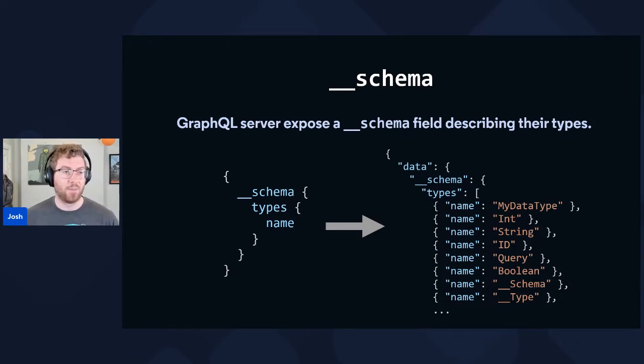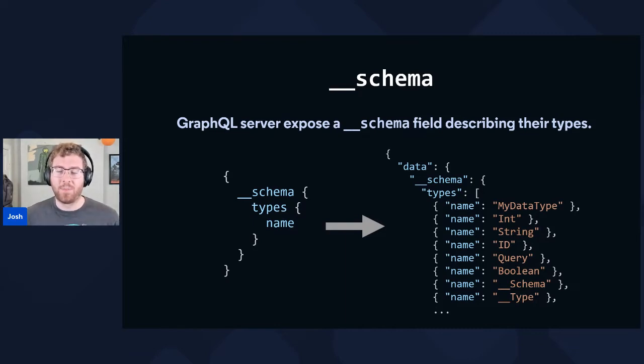In this slide, which has a sample schema query result on it, we have a MyDataType name that shows up, which means we can conclude without looking at the server source code that this server has a MyDataType type declared on it.